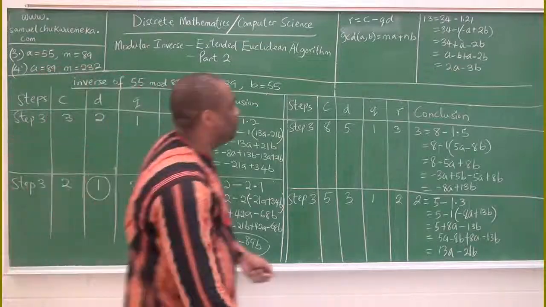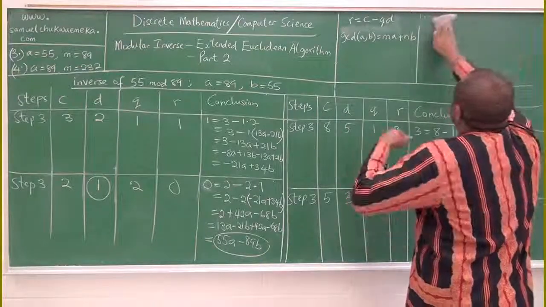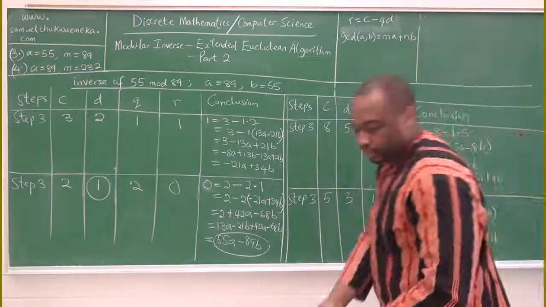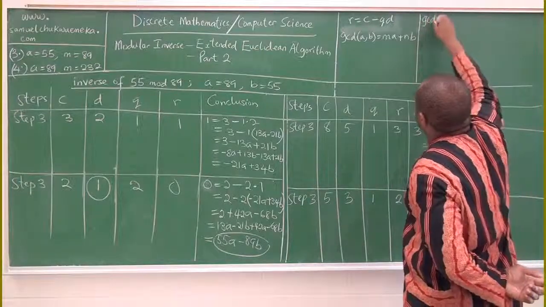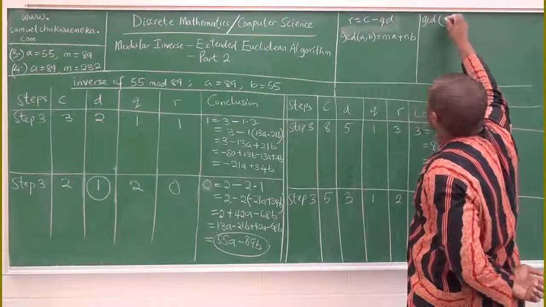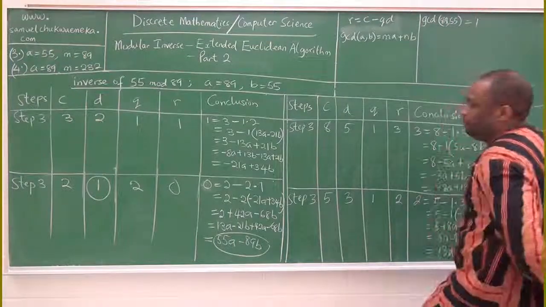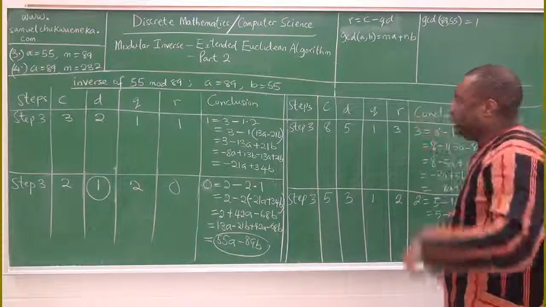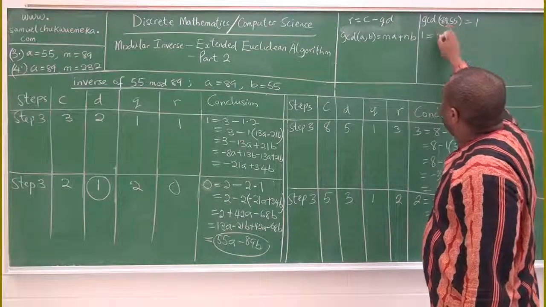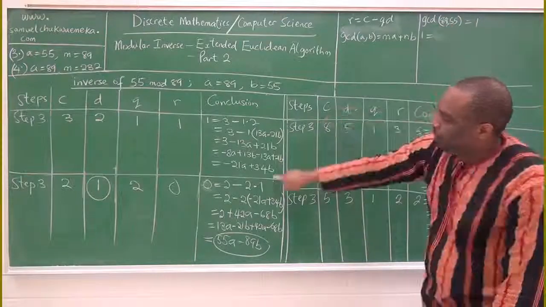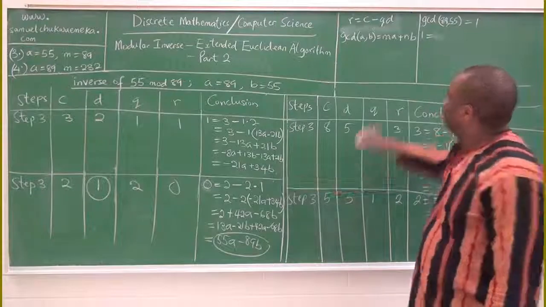And we can now conclude, we can now say that the GCD of 89 and 55 is 1, which tells you they are relatively prime. And then we can now say that 1 is equal to the previous one, not this, okay?